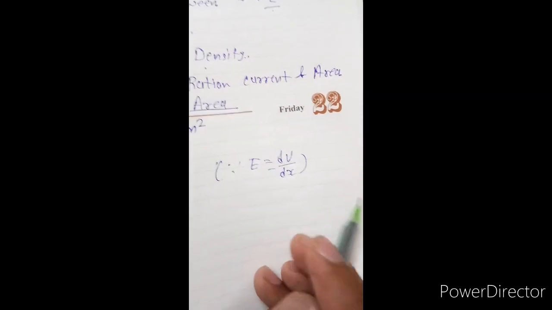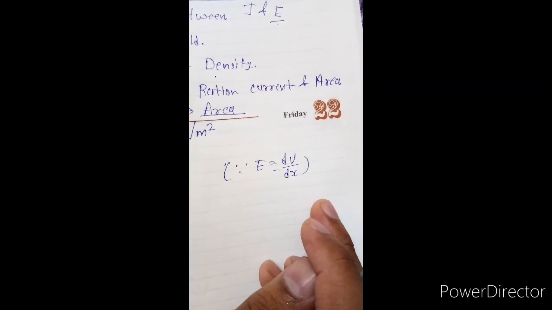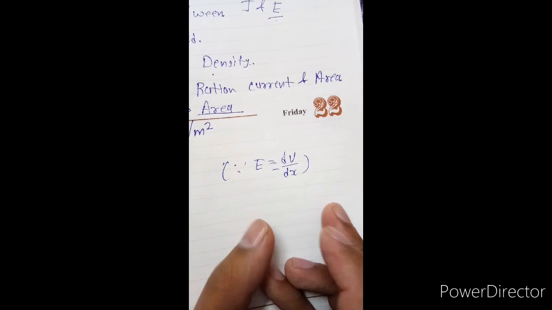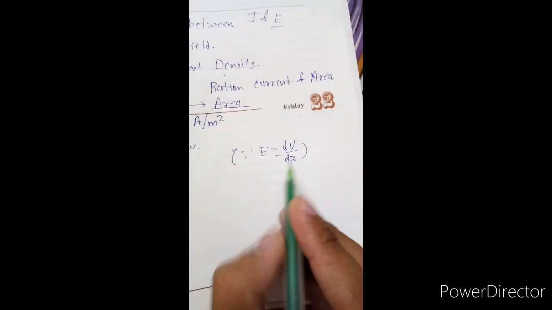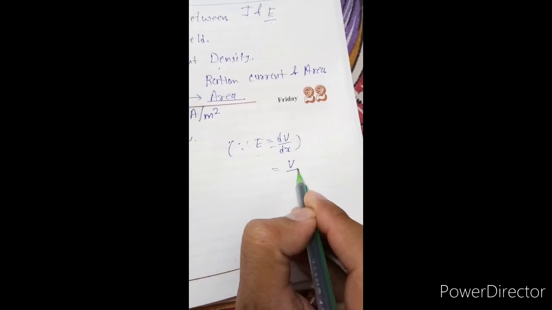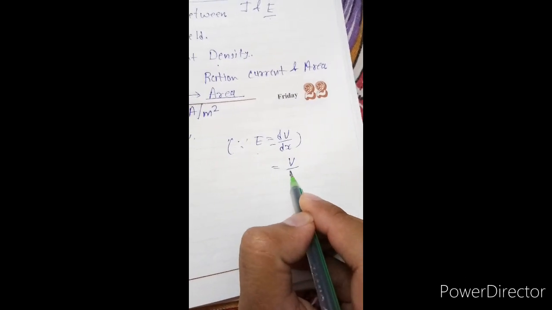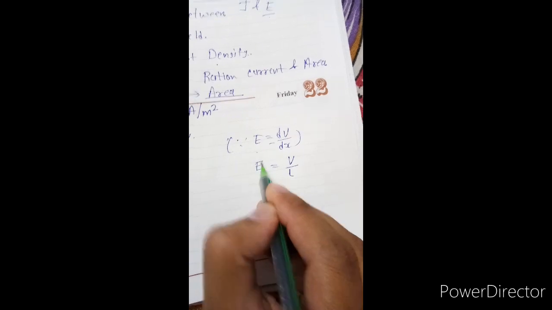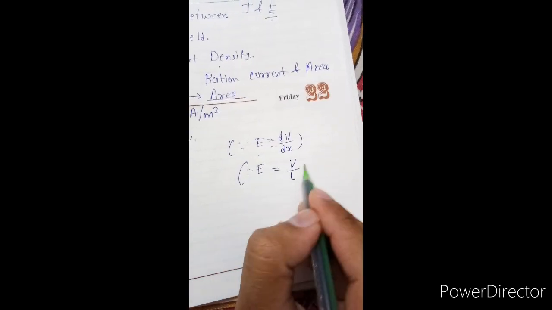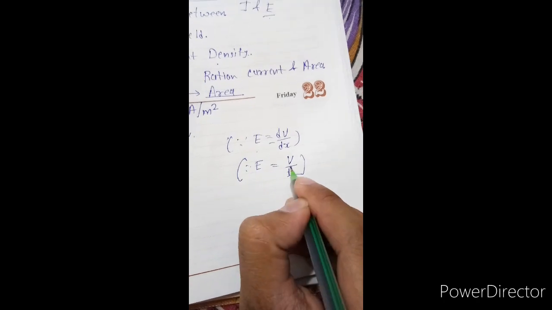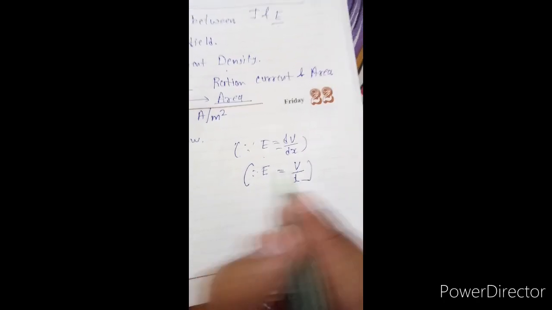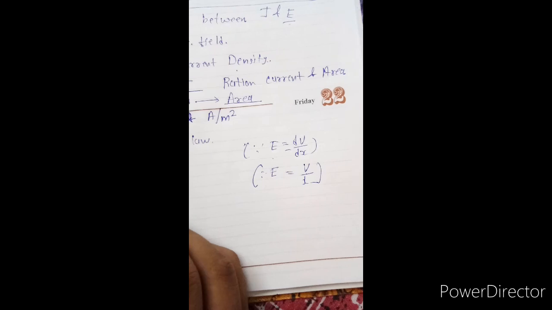V stands for voltage, x stands for length. Change in voltage upon change in length is known as the electric field. Here voltage is V, length is L. So electric field becomes E is equal to V upon L, and from this you derive the formula of V, which is E into L.